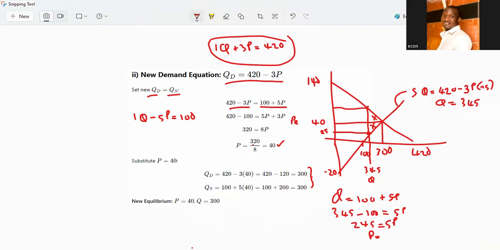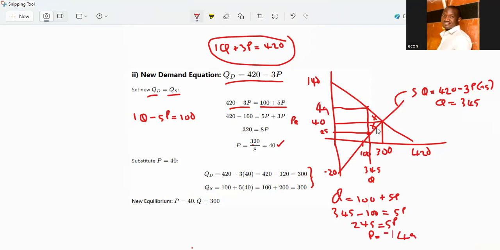The p will give you 49. So this will be the 49 here.